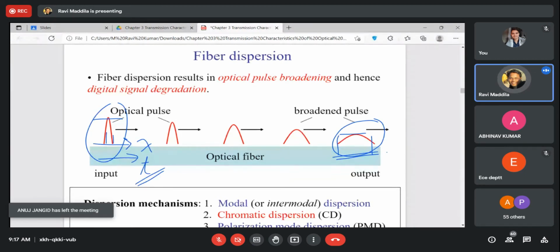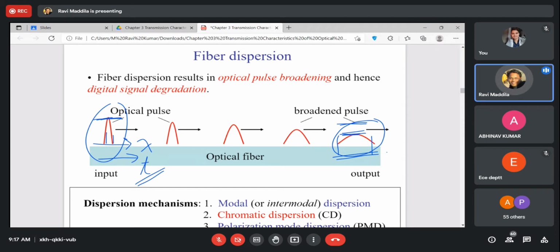Okay, so if you are trying to detect the optical pulse based on the power which was transmitted, the peak power, then this peak power would be somewhere over here. So that amount of power is not received at the output. So it's likely that the receiver may assume that it was not a 1 which was transmitted, but a 0.